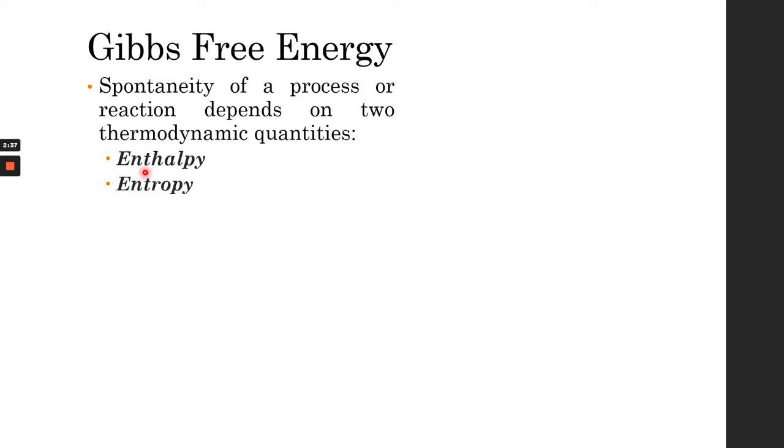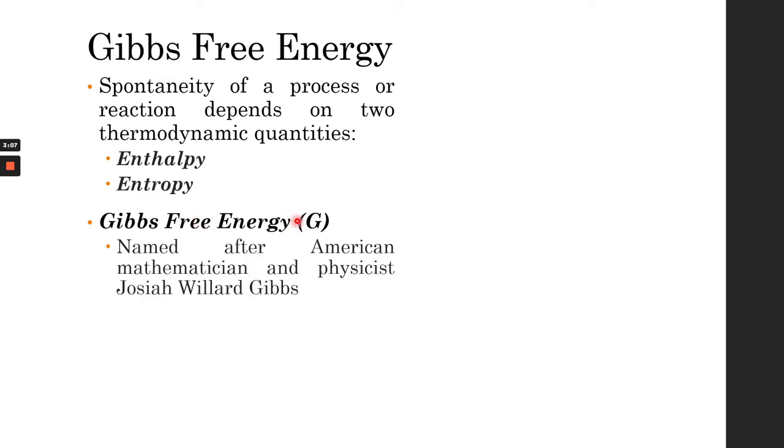We also talked about how in enthalpy, some reactions that release energy like heat, for example burning, are spontaneous, although some reactions that absorb heat can also be spontaneous, for example melting ice. So enthalpy is not enough, we need entropy to measure whether a reaction is spontaneous. The combination of these two is what we call Gibbs free energy.